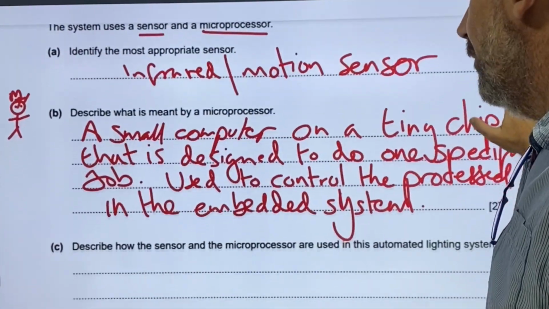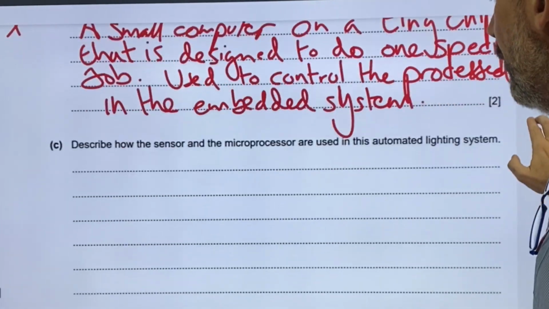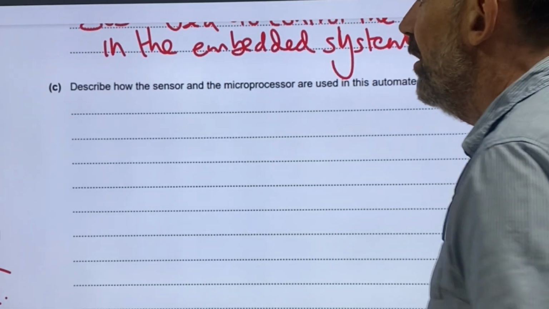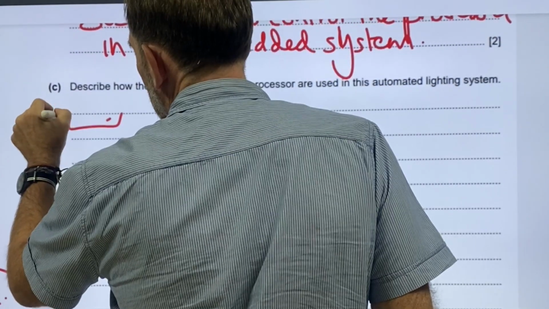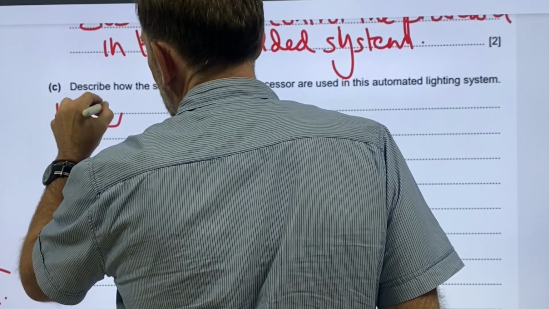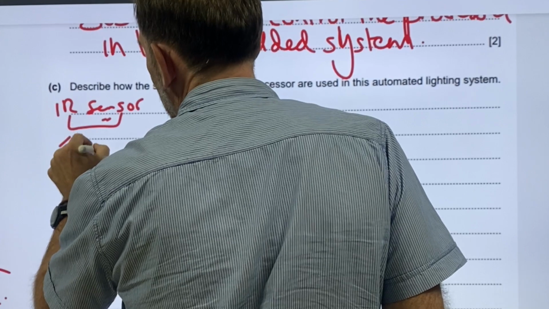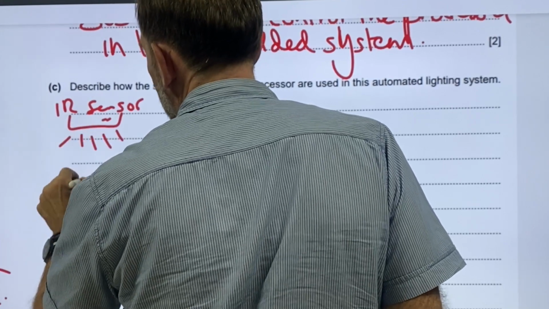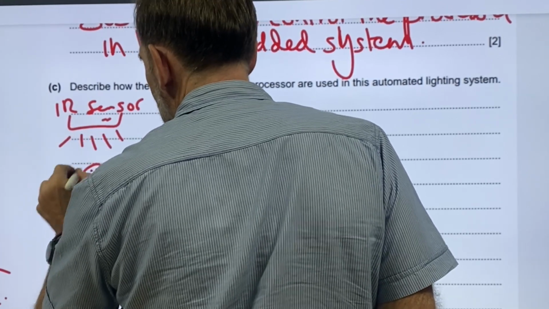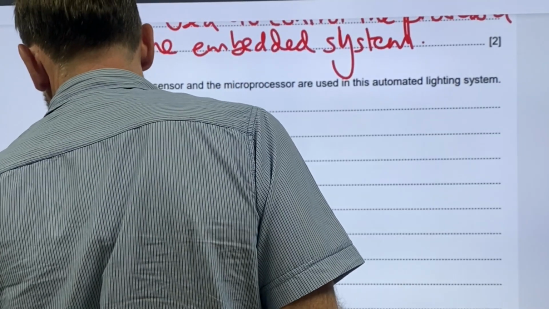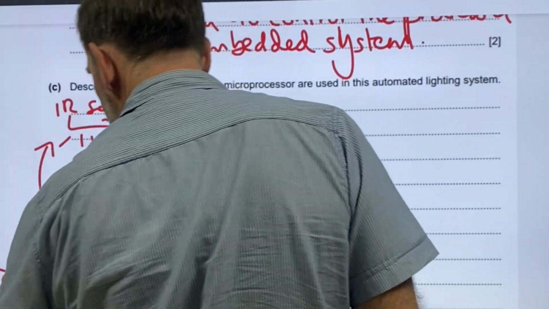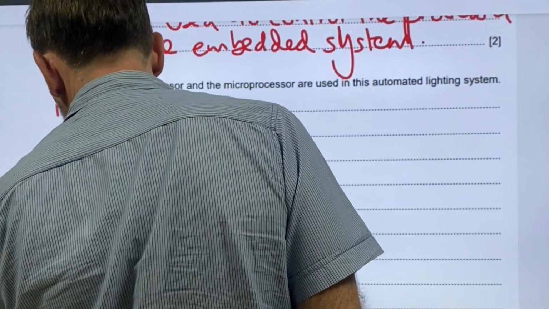So, describe how the sensor and the microprocessor are used in this automated system. We have an infrared sensor, and that's detecting movement.